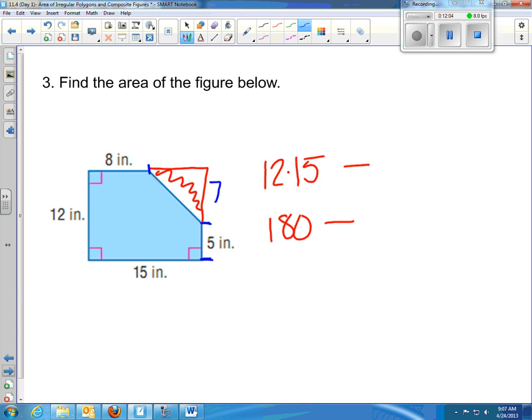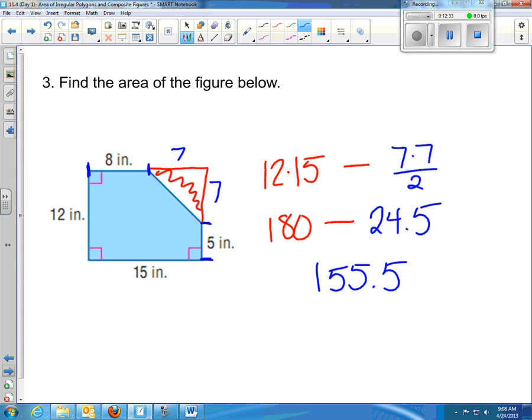Now, here to here is 8, and that whole side is 15. So if we go ahead and take 15 minus 8, we find this is 7. So for that red triangle there, base times height, and divide by 2. So 7 times 7 we know is 49. Divide by 2 gives us 24.5. Now if we go ahead and subtract our 180 minus our 24.5, we end up with 155.5 inches squared.